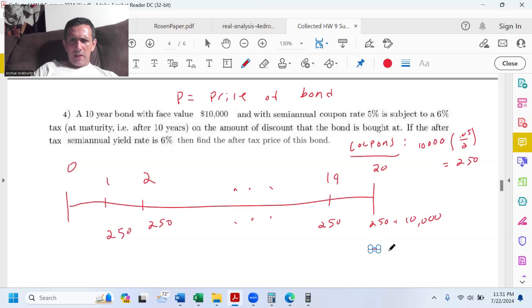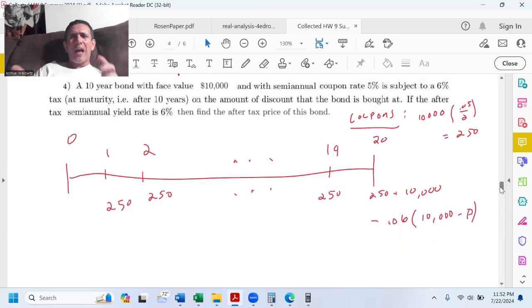You have to pay 6% of the amount of discount that the bond is bought at, and that is how much less than 10,000 the bond is bought. Well, that is 10,000 minus P. We don't know what P is, but we know that our after-tax yield is 6%. That means this whole time diagram is being priced at 6%. Priced meaning the price is the present value.